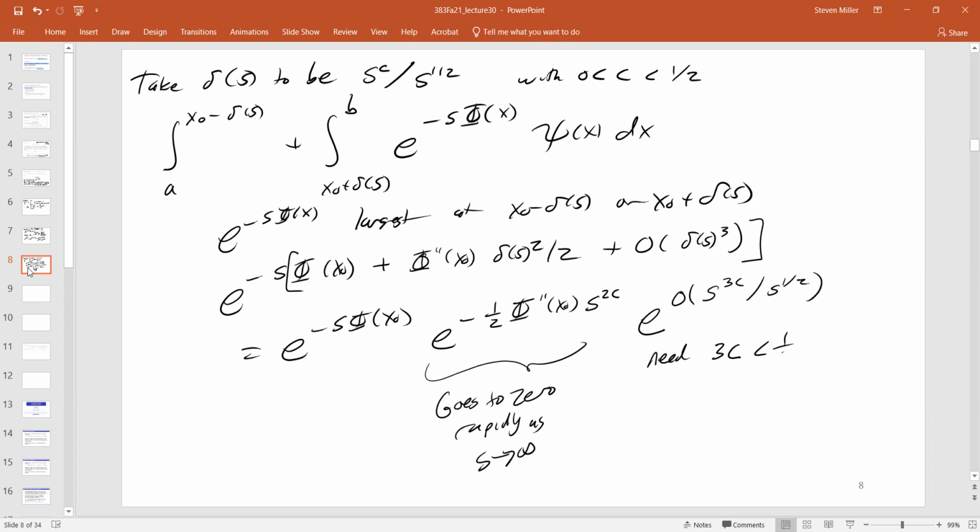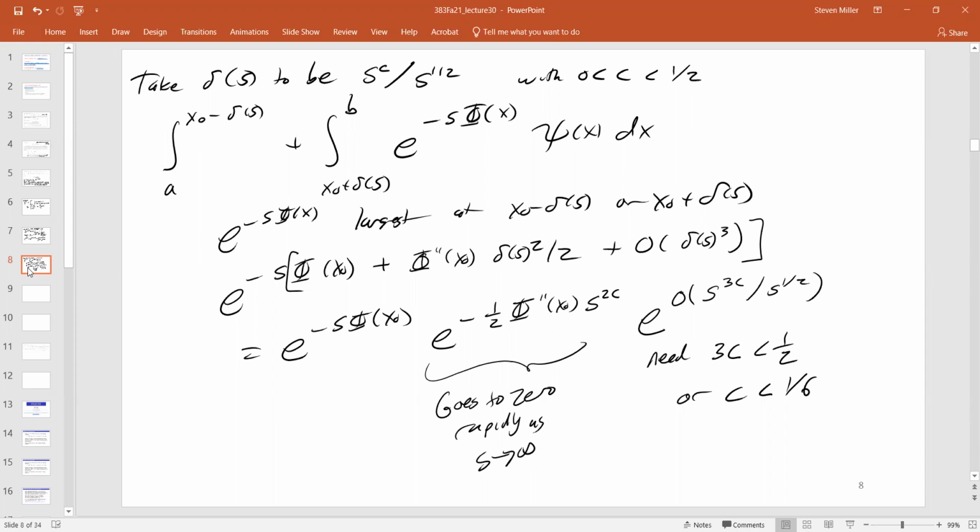Less than 1/2, or c less than 1/6. So basically, we had the 1/2, and then we have an extra 1/6 that we have to be a little bit careful about. So as long as we take c less than 1/6, then we should be okay in this argument. And then all of those other terms are really not going to matter.